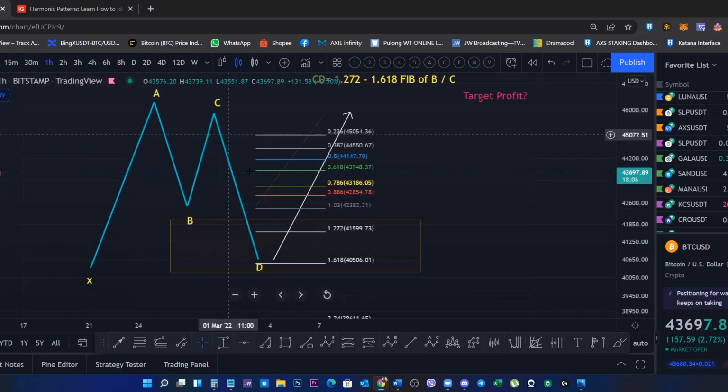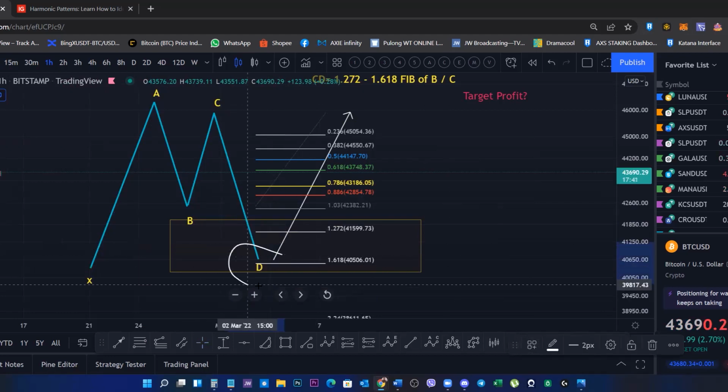Okay, so once this is complete and you see already an action, any signals that it ends, this is the time to buy. My suggestion, guys, if you have other indicators, once you have completed the 1.272 or 1.618, you can use other indicators to help you check if it is now valid to have an entry on this side.